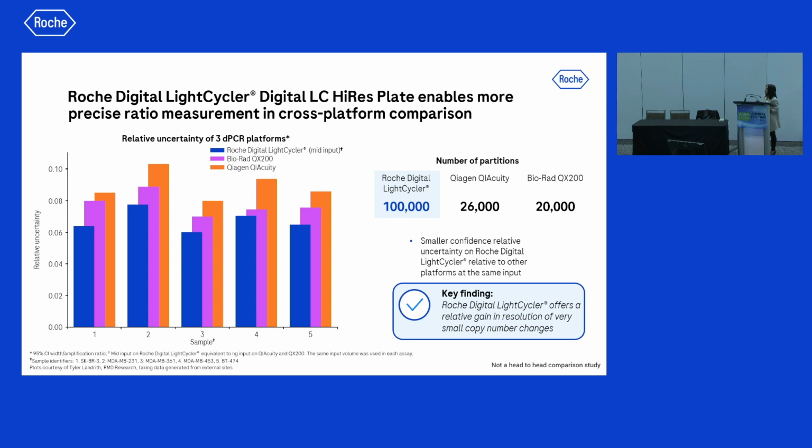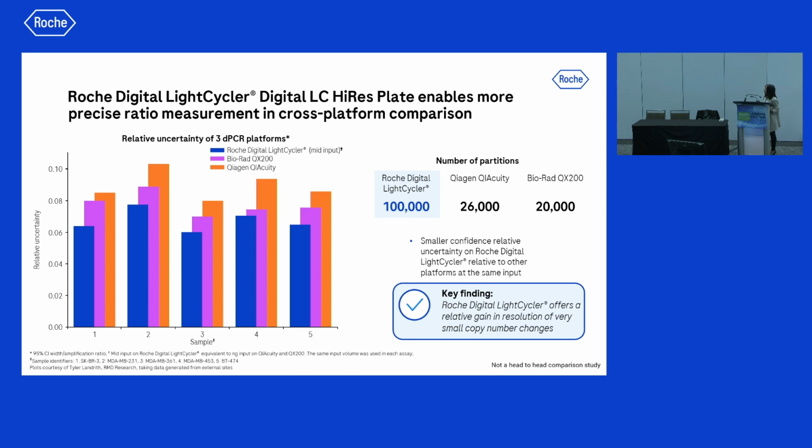And that's clearly seen here in this plot, where you have the 5 NIST samples listed out on the x-axis, and on the y-axis, we have the relative uncertainty. So this is essentially measuring how confident you are in making a resolution difference between the copy numbers for these particular samples. And this is color-coded for you here in the legend with Roche in blue, Bio-Rad, the QX200, in magenta, and the QIAGEN QIAcuity in orange right here at the very bottom.